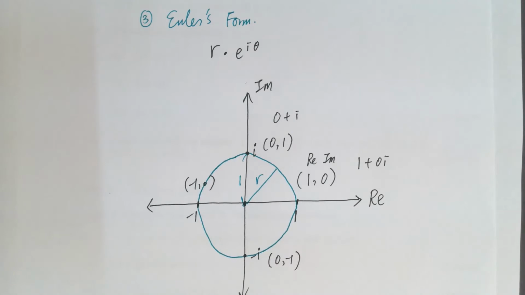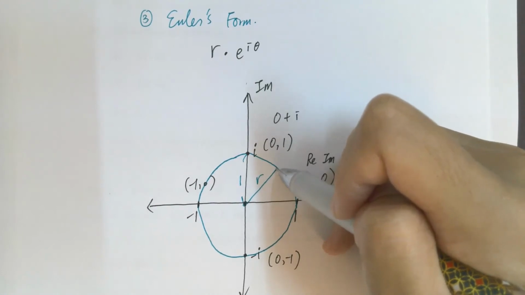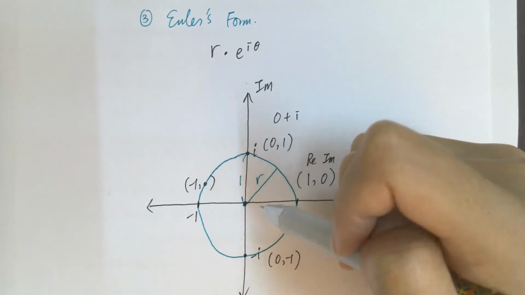What distinguishes them from each other is not going to be the distance, it's going to be the angle. To identify a unique complex number, we need two things: the radius, where it is in relation to the origin, and the angle.